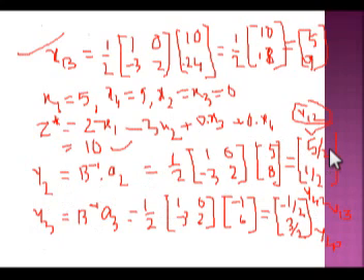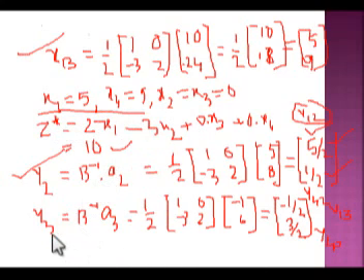Here, both elements in y2 are positive, so y2 is satisfied, but in y3 one element is negative.